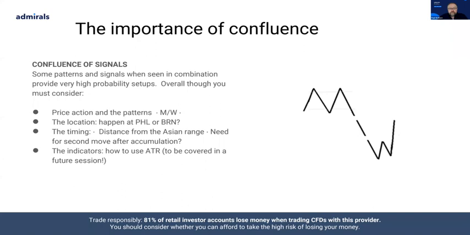So what we need to understand is the price action patterns, the double tops and bottoms, the M's and W's, and also the location. Did it happen at a previous high or low? Did it happen at a big round number? We can also take into account the timing. Did it happen after the Asian range closed and the European session opened? Certainly for traders based in the European time zone like myself, that is a crucial time to watch and engage with FX markets on an intraday basis, because London is still the capital of FX trading.